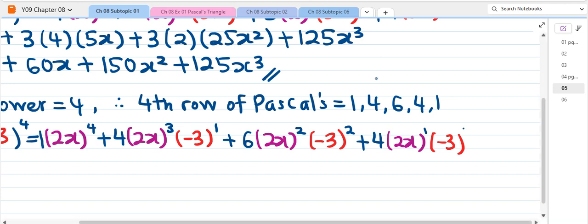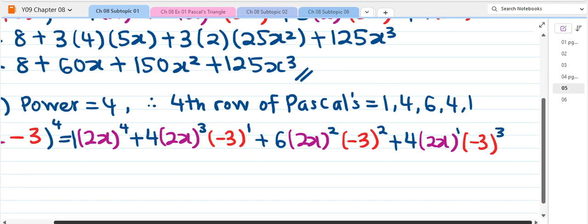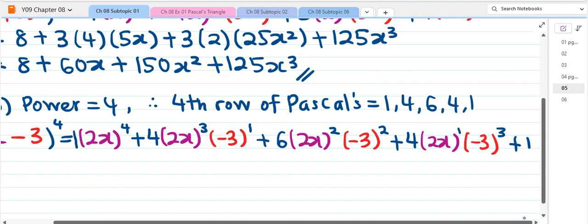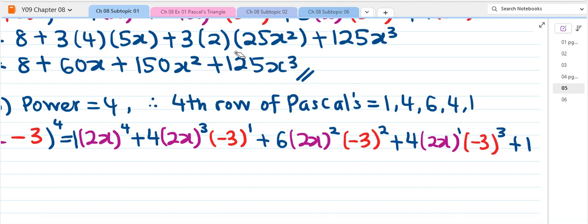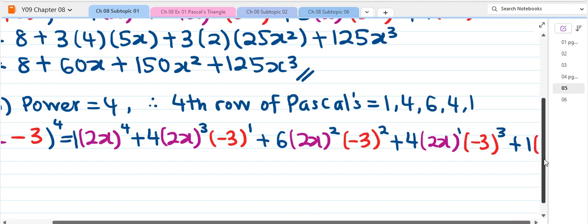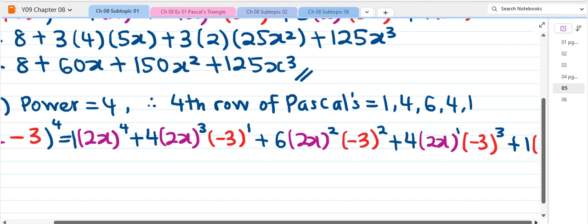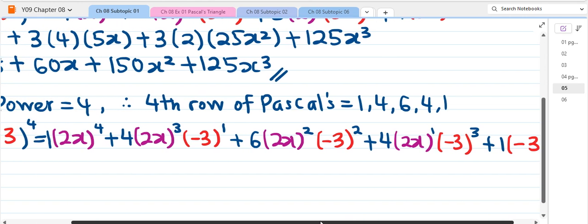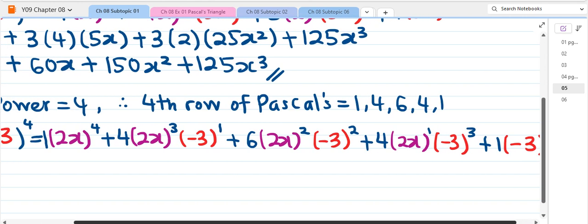And last but not least, the coefficient is 1, but there is no longer an a because it is to the power of 0, and your b is negative 3 to the power of 4. Right, so there you have it. So that's the expansion.